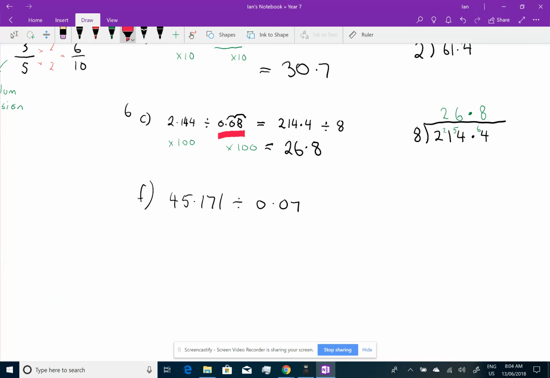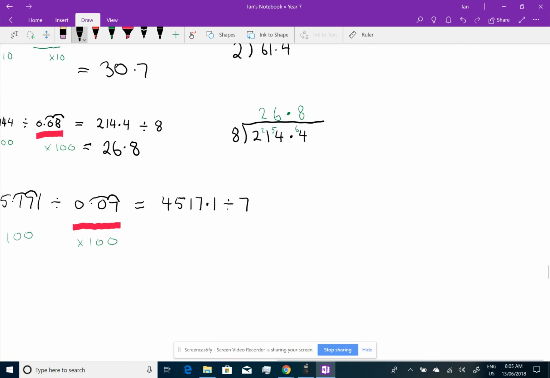Well, again, I look at the thing I'm dividing by. Oh, I've got to move that 3 decimal points. So I'm going to multiply both numbers by 1000. And remember, it's not going to change it. So I've got to move the decimal point, so this becomes 45171 divided by 7.